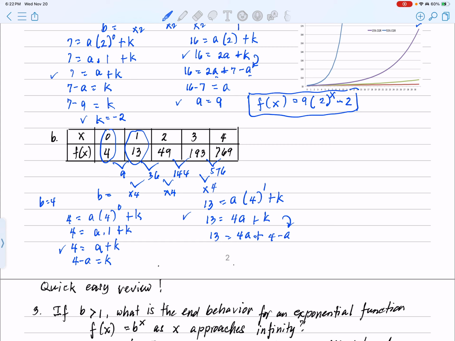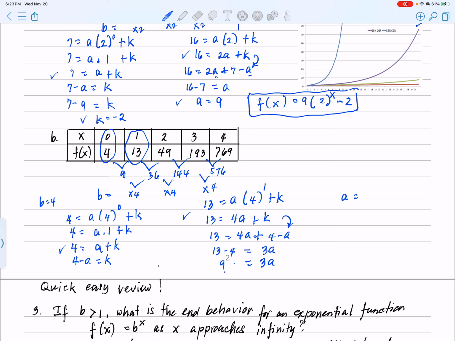So 13, transpose 4 to the left, 4A minus A, that is 3A. 13 minus 4 is equal to 9, divided by 3. 9 equals 3A, because 13 minus 4 is 9, equals 3A. That means A is equal to 9 over 3.